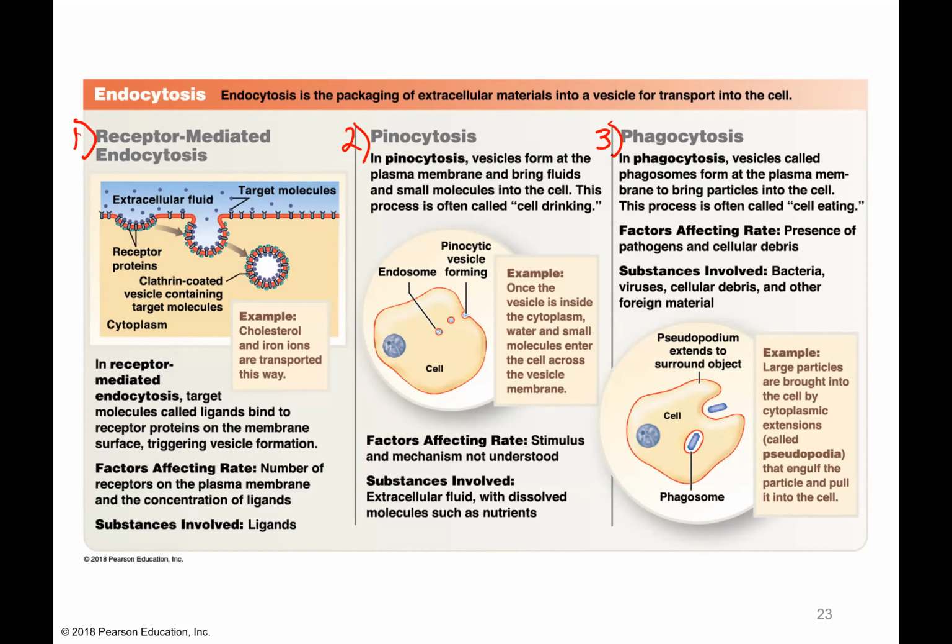So with receptor-mediated endocytosis, you have specific receptors bound to the plasma membrane, and when the molecule that matches with that receptor binds to it, it causes the cell to basically turn in on itself and form a vesicle. And it brings it into the cell.